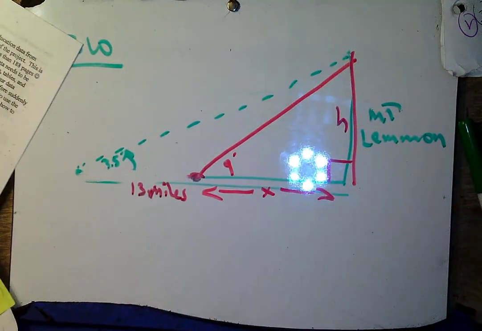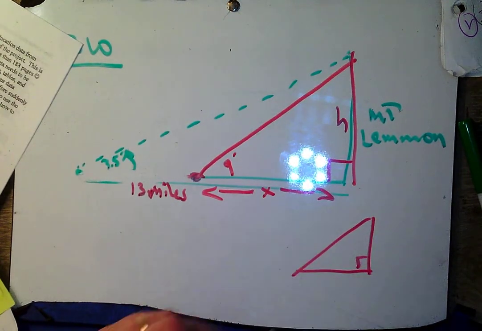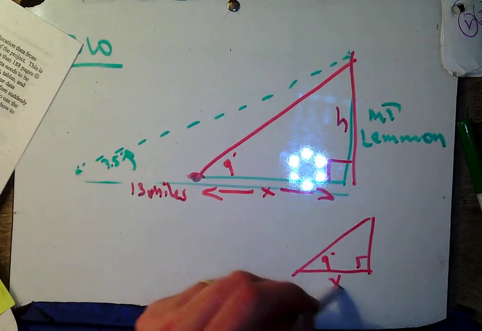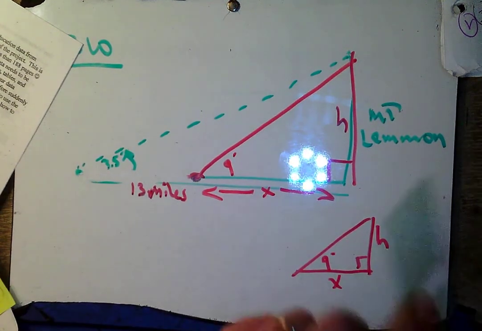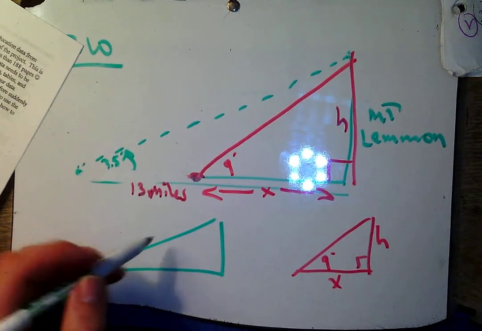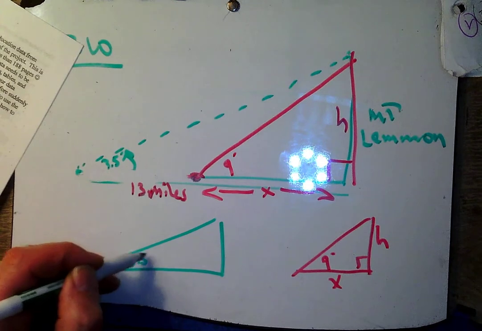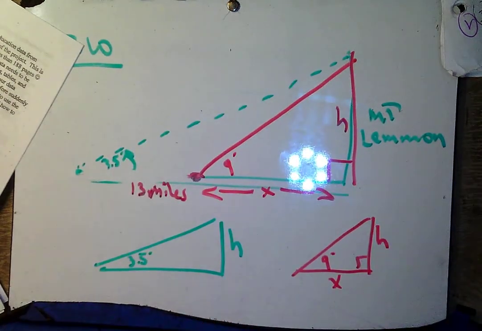There's this small one in red with 9 degrees, X and H. And over here, we have this big one in green with 3.5 and H, again, same height on both of them.